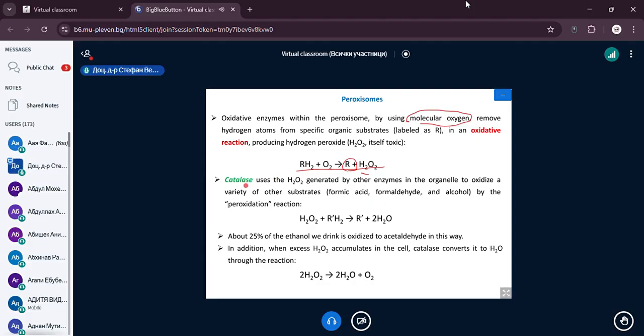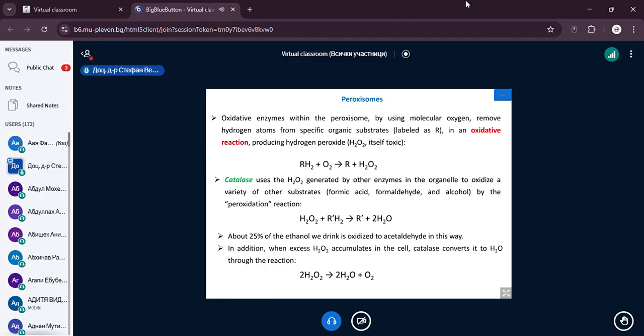But the enzyme catalase, which is the most abundant enzyme in peroxisome, can use this hydrogen peroxide to either oxidize other organic substances by inactivating them and producing water, or to inactivate hydrogen peroxide itself to produce water and molecular oxygen, which is these reactions.